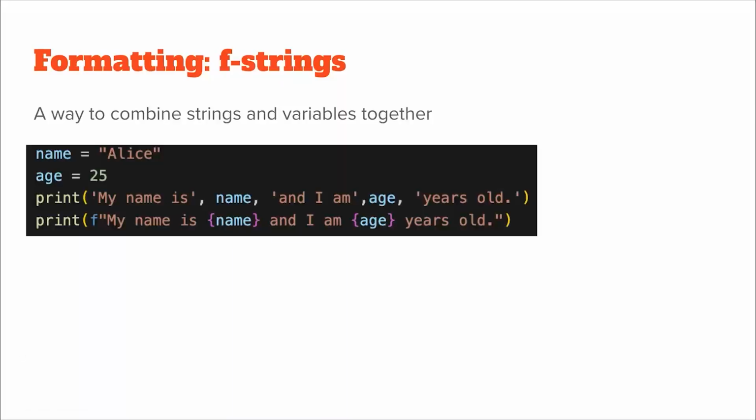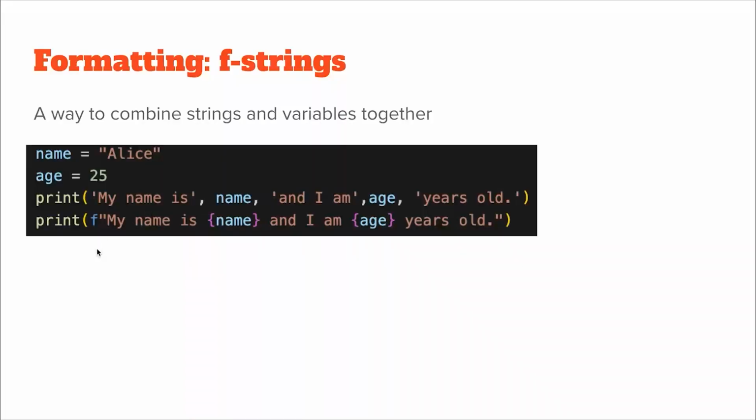There are many ways to format strings, but the most recommended one is using the f-string. So let's say you're given name and age variables. You can print it as we learned, putting different parts separated by commas, and a space will be inserted between items.